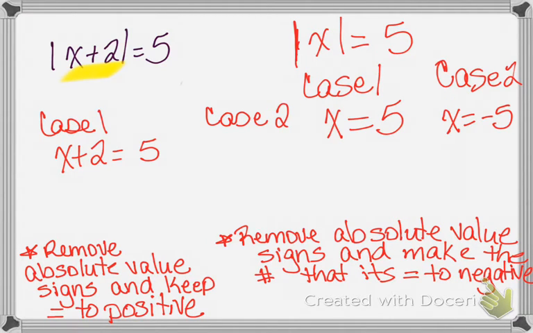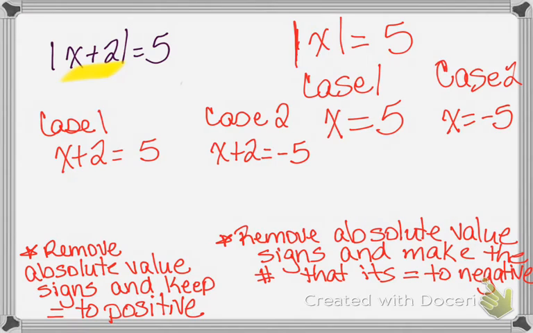Okay? So I remove my absolute value signs and make the number that it's equal to negative. So for my case 2, I'm going to have x plus 2 equals negative 5.